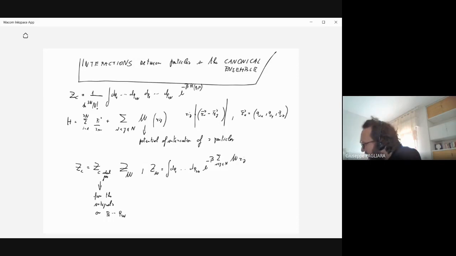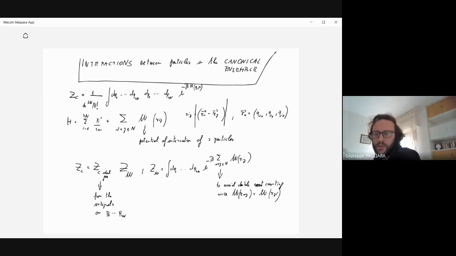of rij. Let me comment a moment on this sum. In this sum, what I'm doing is that the i's must be different and smaller with respect to j, and this is to avoid double counting, since u of rij is equal to u of rji.